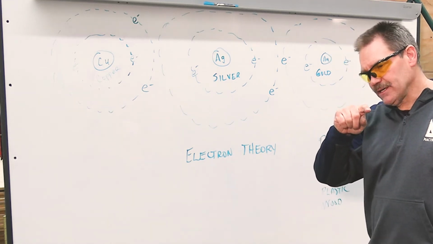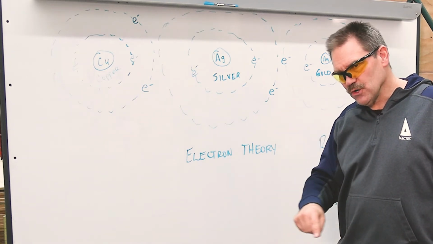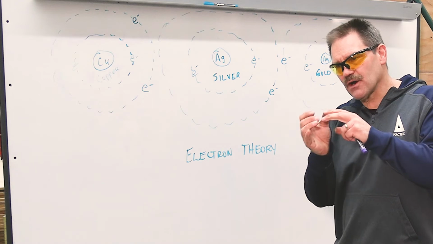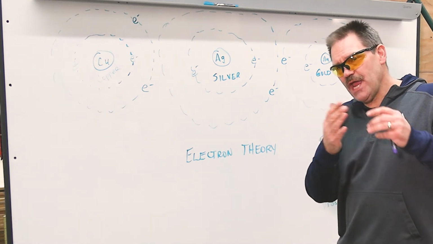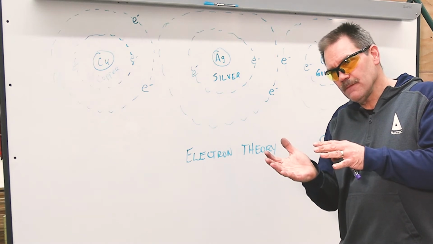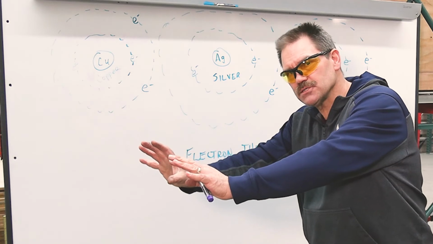When the magnet of the rotor turns and goes past these conductors on the stator, when the magnetic field changes and collapses, that is what's pushing the electrons.